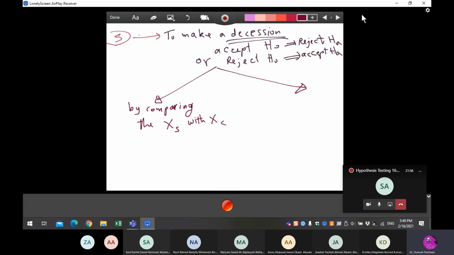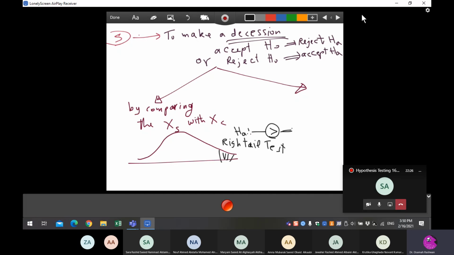And you may have a little graph like this one. If you have a right tail, we call it a right tail test. Why do we call it right tail? Because if you have the alternative hypothesis something greater than something else, you go for the right tail.